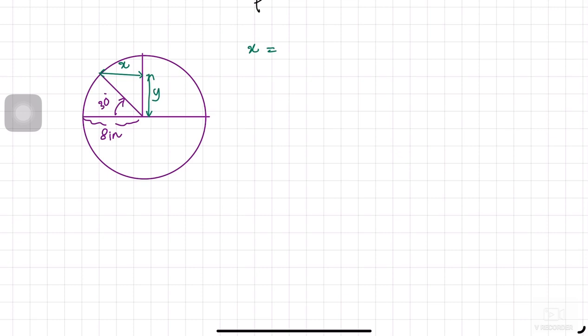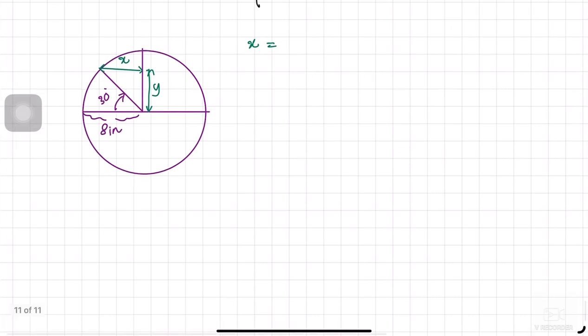So x is equal to 8 times sine 60, and the value is 6.928 inch that we need to use to find velocity and acceleration. So the RP value is 6.928 inch.